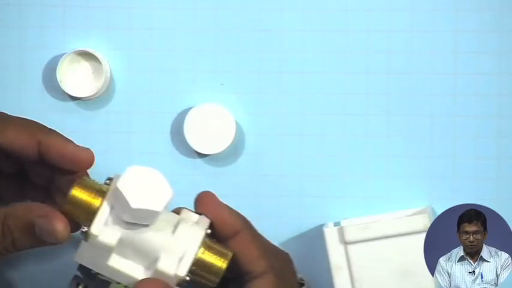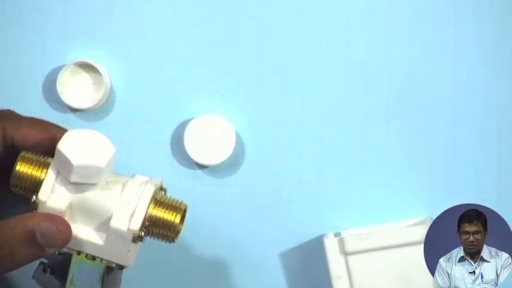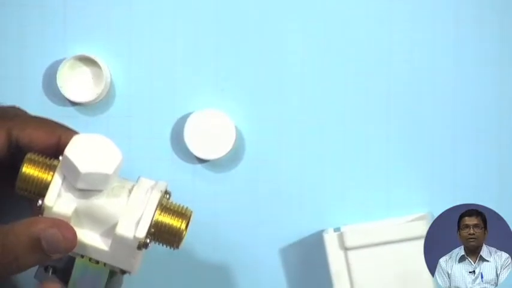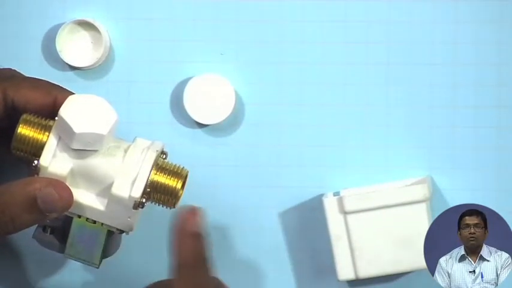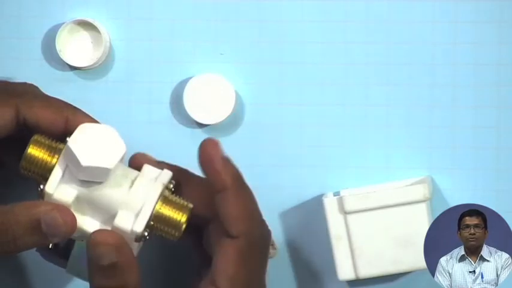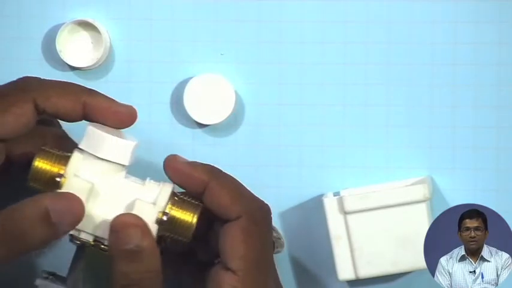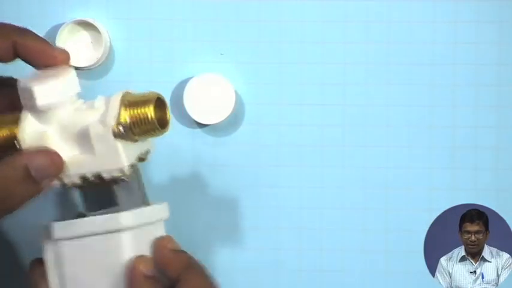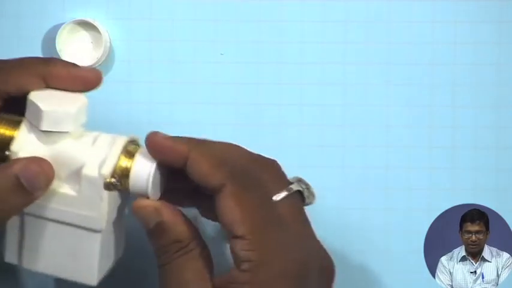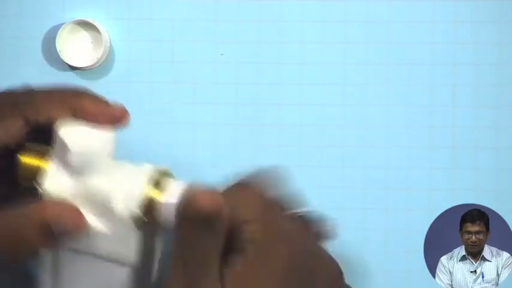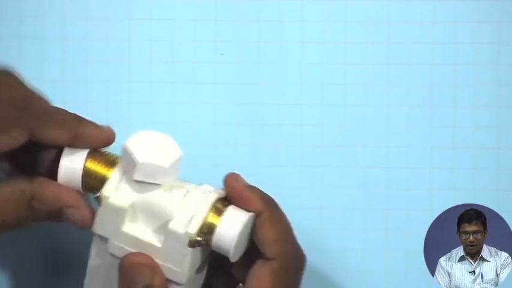So, water can flow in, and depending on the conditions, this valve is going to either allow the water to flow out, or it is not going to allow it. So, this is another actuator. Like this, there are different actuators that are available for use in IoT.